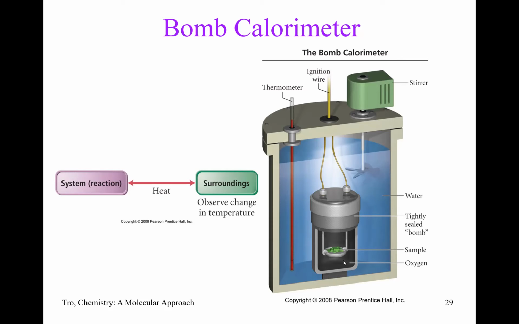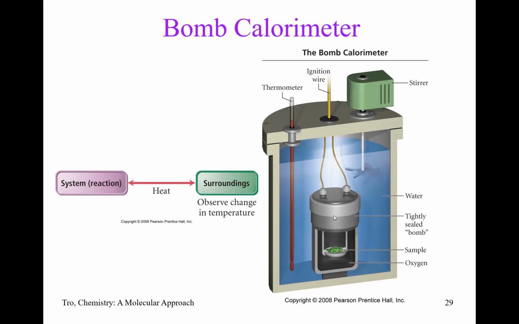You charge this with oxygen gas, no other gas is in there, and then some sample. So it's basically just a controlled bomb explosion, and everything in here gets completely combusted, reacted with oxygen. There's no volume change, so no work gets done. This is the opposite of the internal combustion engine.